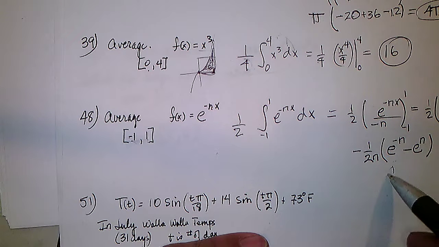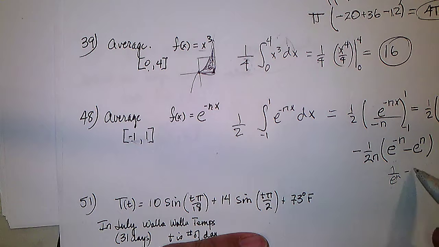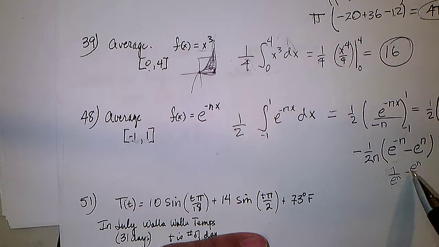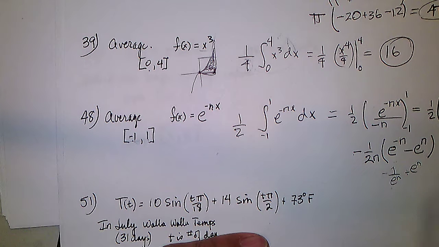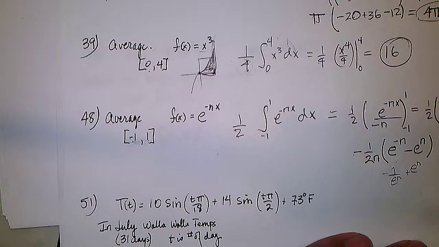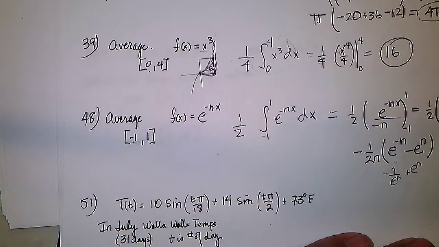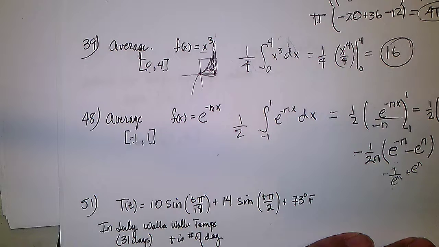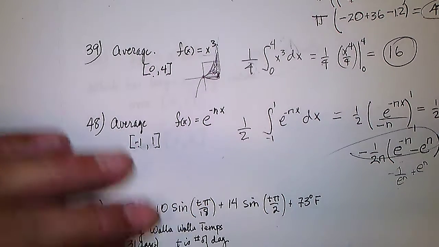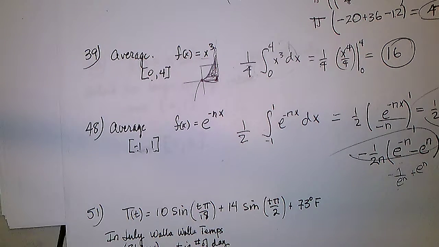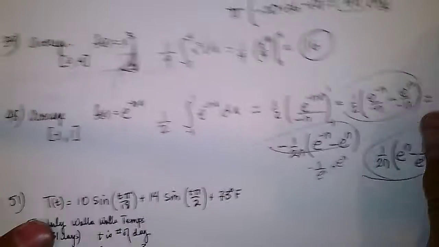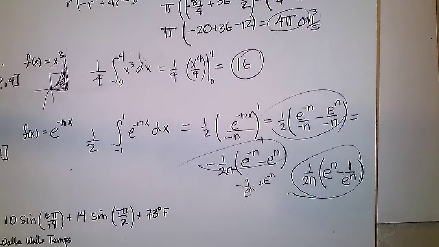So this is 1 over e to the n minus e to the n. And the negative could make this negative and that positive, so we can write this as 1 over 2n, e to the n minus 1 over e to the n. This would have been fine. Any of those. Oops, I kind of went off the screen again. Sorry. I'm drifting.